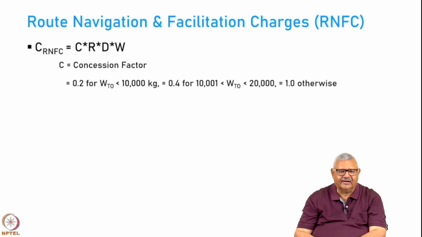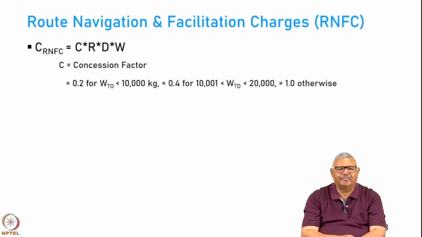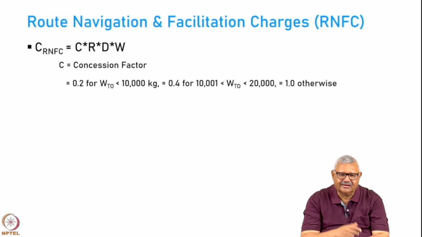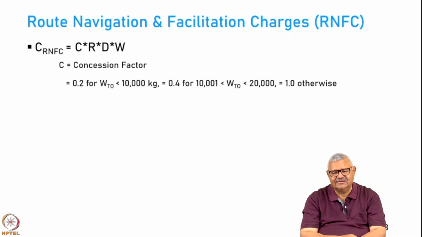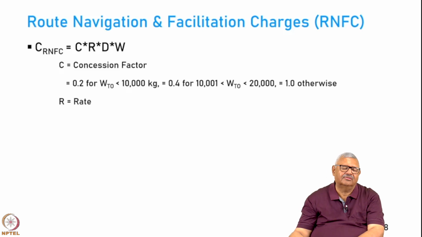So, what is the concession factor? If you operate a very small aircraft such as the Dornier 228, you have to pay only 20% of the charges. If you operate between 10,000 and 20,000, you get a concession and you only pay 40%, but if your aircraft is more than 20,000 kg, you have to pay the full charges. So, the value of C will be 0.2, 0.4 or 1 depending on the weight.